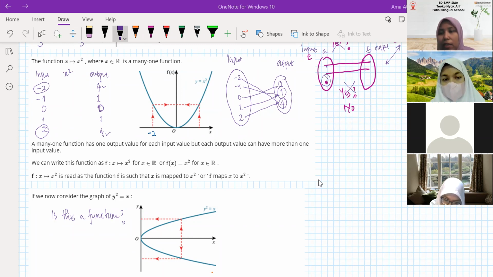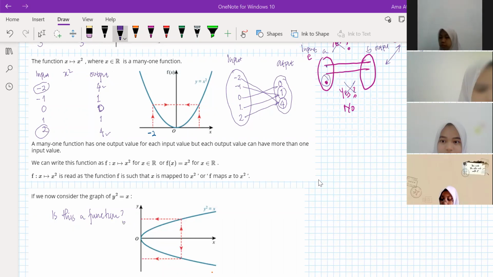Alia, is Alia here? Alia, can you please unmute the microphone? Yes, Miss. Okay, you have a different answer from your friends. It's one student against 15 students. The majority of the students say yes.